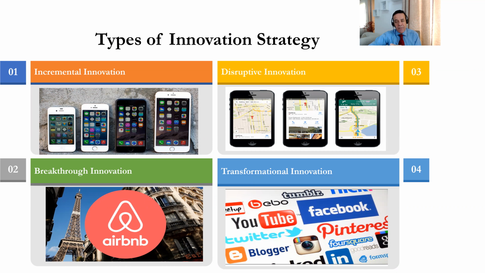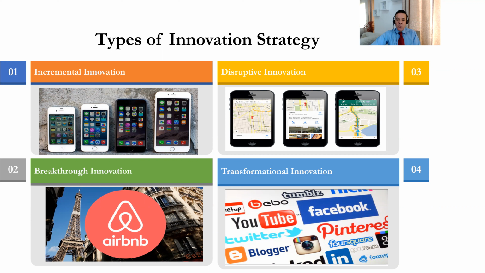I'm just going to roughly give you an idea about the types of innovation strategies we usually have in the field of innovation. Most companies have what we call incremental innovation. We call it baby step innovation. These are small additional values that are innovative and that enhance the product.